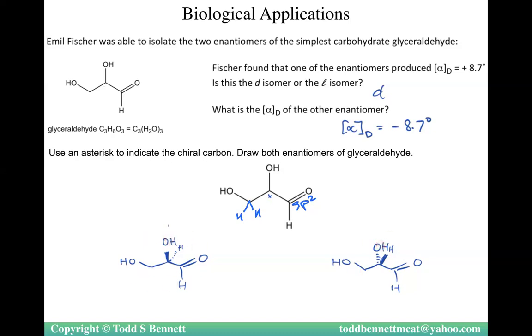Just for reference, this chirality is priority 1, H in back, so 2, 3. So this would be an R center. This other one then would be an S. 1, 2, 3, but H in front, so I would reverse it. But this would also be D, this would be L for the Fischer nomenclature.